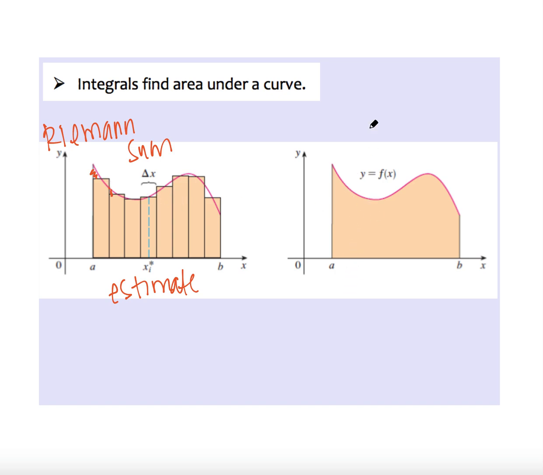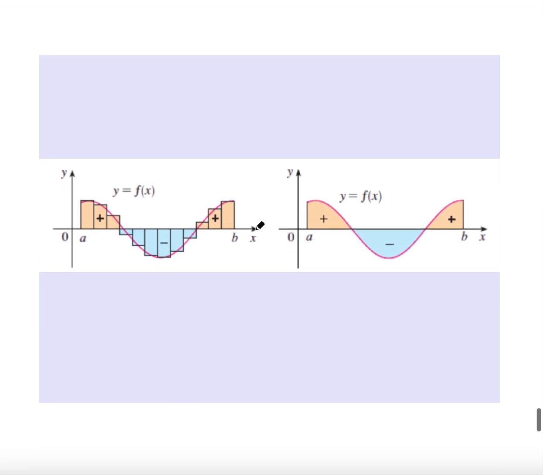But when you have the integral from a to b of f of x dx, it's nice and smooth, you're finding every part of it, and so this is our exact area. The equivalent to this, once again, is that limit definition. Here's one last example. On the left is our Riemann sum example, and the one on the right is our definite integral exact answer. So that clears that up.